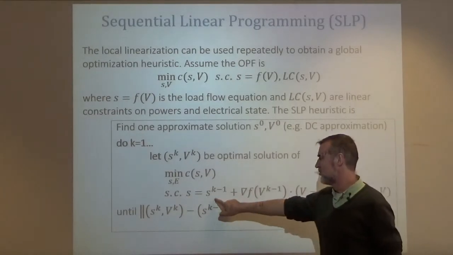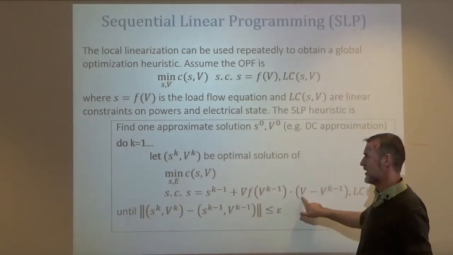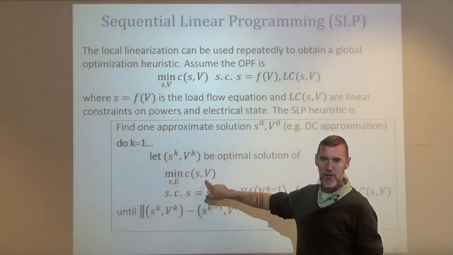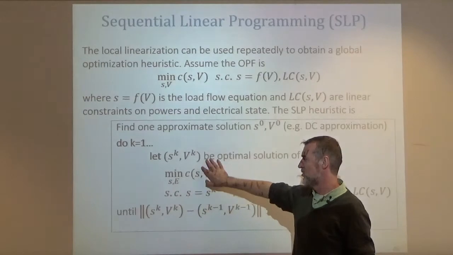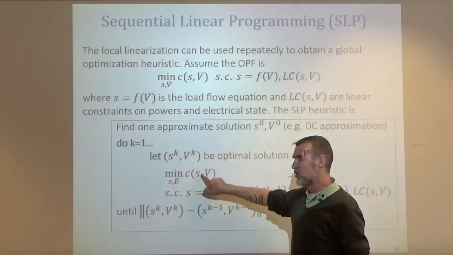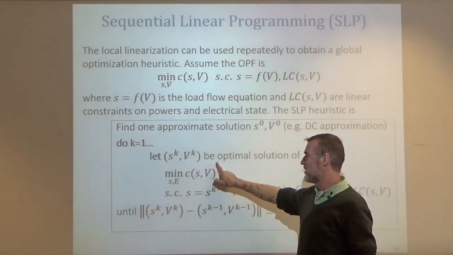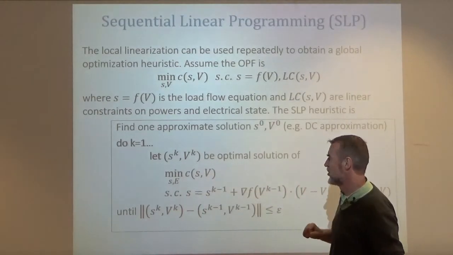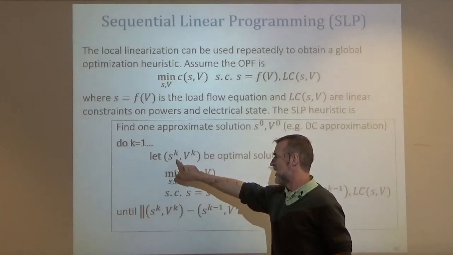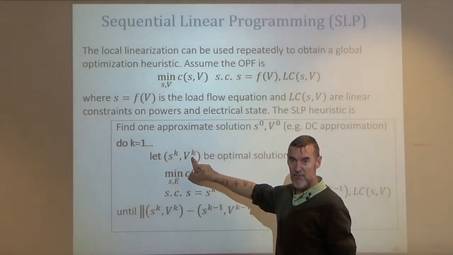Once I have written this, I have linear constraints here. So I have to minimize a cost function, which hopefully is convex, over linear constraints. So I have a convex problem to solve. But this is an approximate formulation. Once I have solved it, I will find an operational point, a solution, which I call S with apex K.